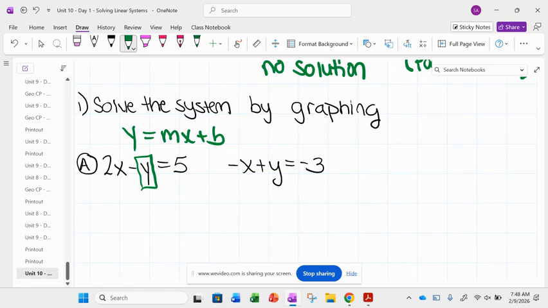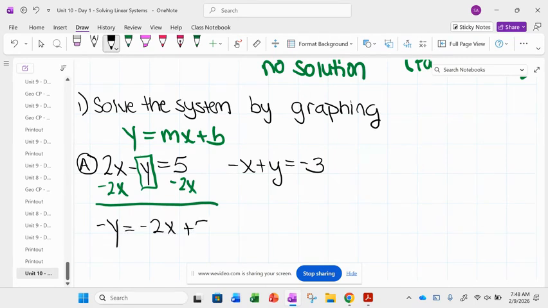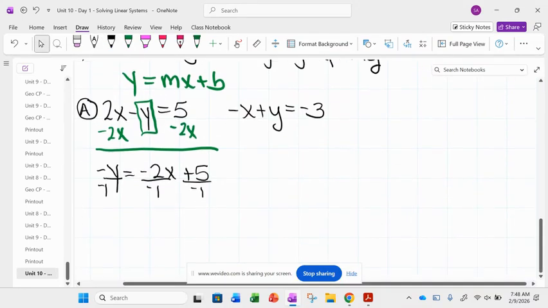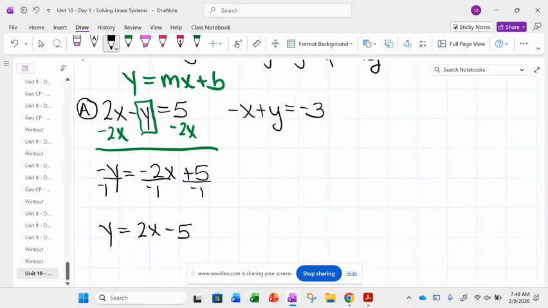So I'm first going to subtract 2x on both sides. So now I'm going to have a negative y is equal to negative 2x plus 5. I'm still not done. There's still that negative 1 with the y, so I'm going to divide every single term by negative 1. So I end up with y is equal to a positive 2x minus 5.